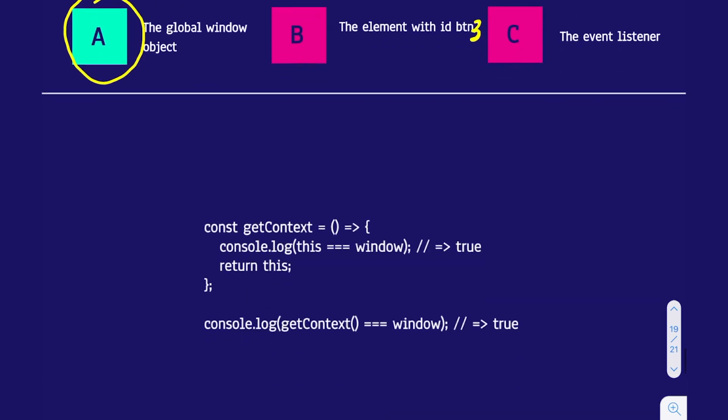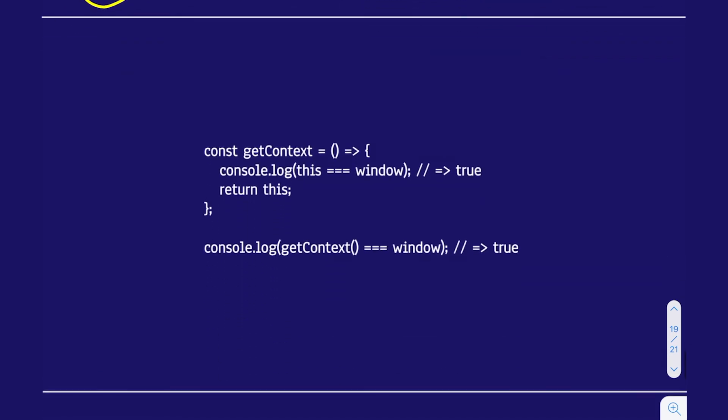So for that reason, here's another example. If you were to define this anonymous function and set it into this variable get_context, and you print out console log this equals window, it is going to be true. And the reason why is there isn't that outer scope.